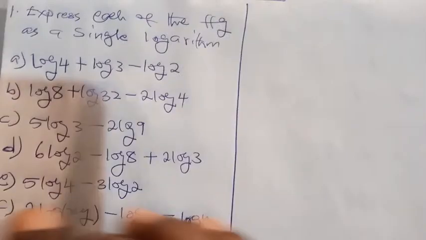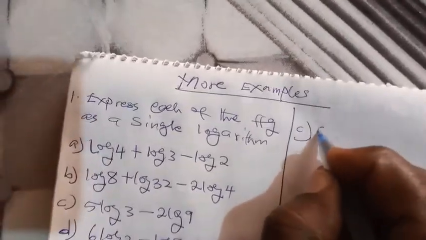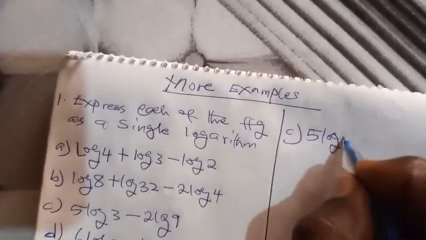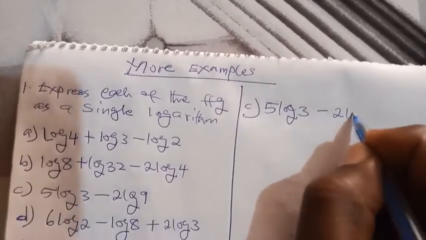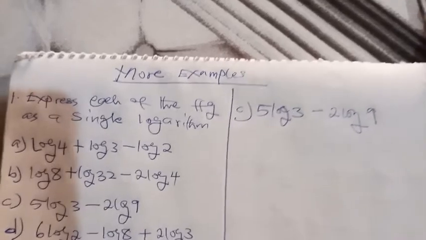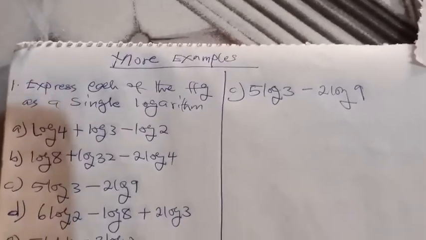All right, the next one quickly is C. In C, we have 5 log 3 minus 2 log 9. That's what's in C. I'll make this a single logarithm.